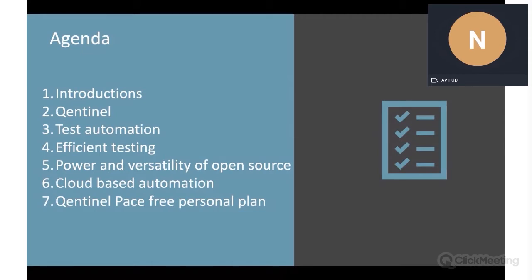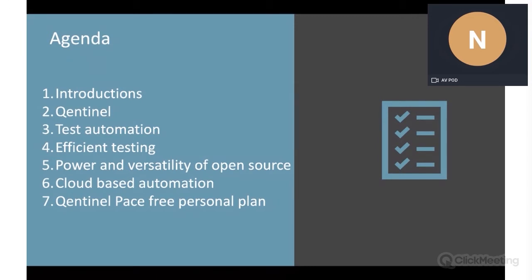And towards the end, we will talk about the Qentinel Pace free personal plan, and also provide you a demo of our product Qentinel Pace, and actually try to tie all these things that we are going through in the presentation deck itself. So what is it that we are offering? And what is in it for you when it comes to the personal plan?